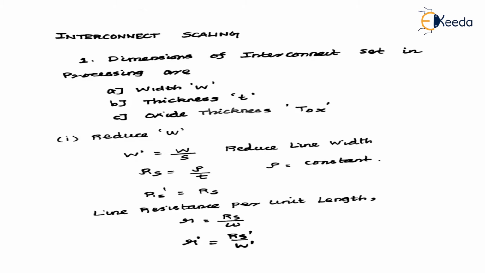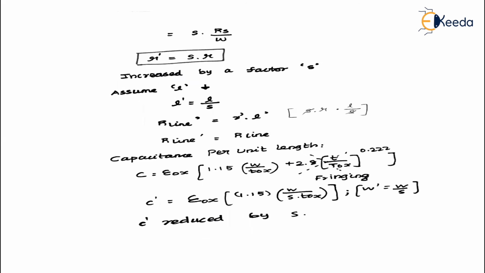W dash is equal to W by S. Because of that, the new R dash will be equal to S into R. So what I can infer is that the resistance per unit length, after the width has been scaled down by S, increases by a factor of S. So my resistance is increasing when I scale down the width of my interconnect.